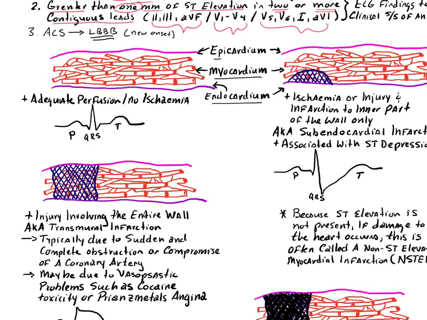And then the epicardium is the outermost part of the heart, which is surrounded by the pericardium, the pericardial sac. But the heart itself is endocardium, myocardium, and epicardium. When I have adequate perfusion of all 3 layers, I will normally get a normal-looking PQRST complex. So far, so good?